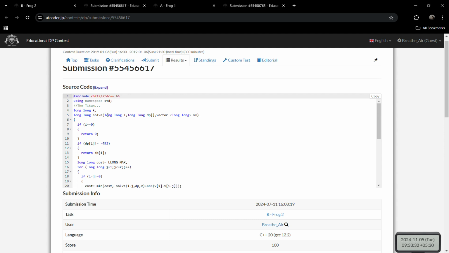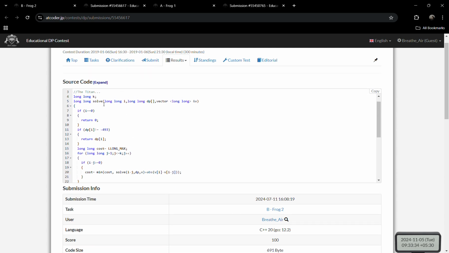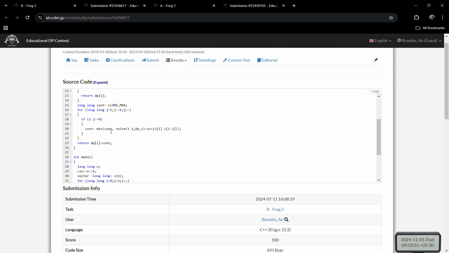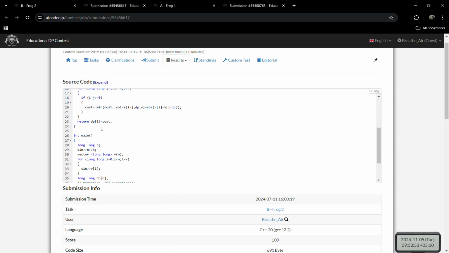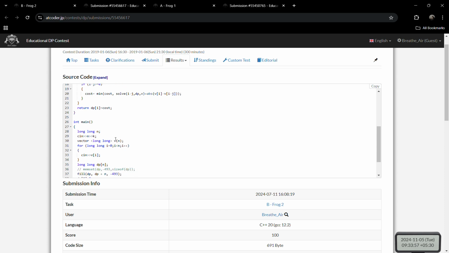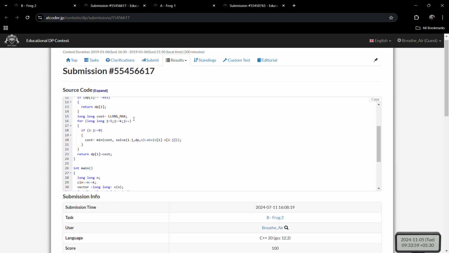I'm keeping this k as global so that I can use it in the solve function without passing it as an argument. So if i is equal to 0, return 0. We saw that dp of 0 is 0. Otherwise, if dp of i is calculated, meaning dp of i is not minus 493, then simply return dp of i. Then the cost to reach the ith stone is initialized to LLONG_MAX, which is the maximum value that a long long variable can take.